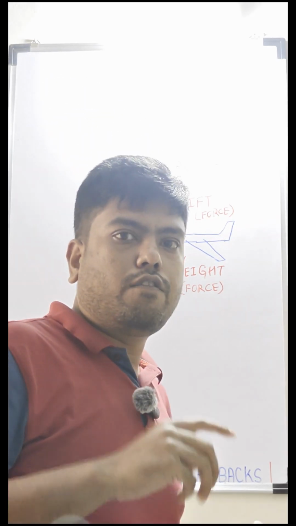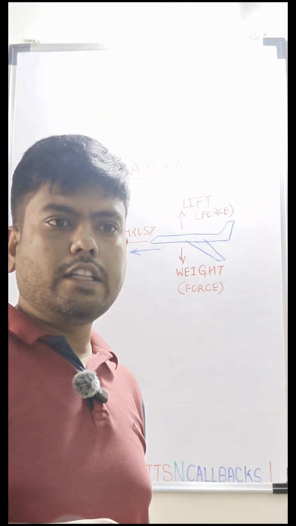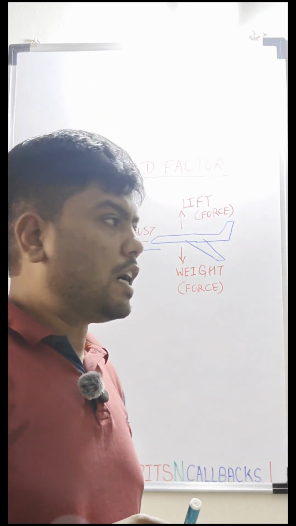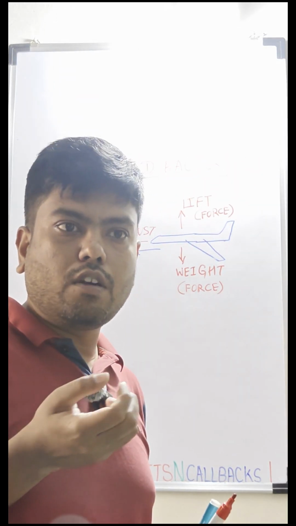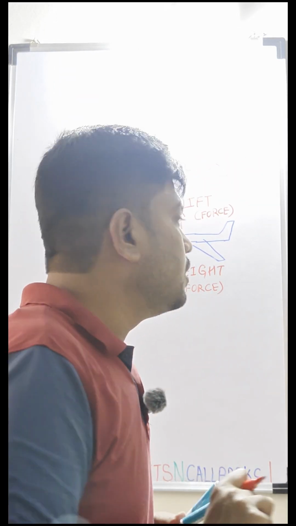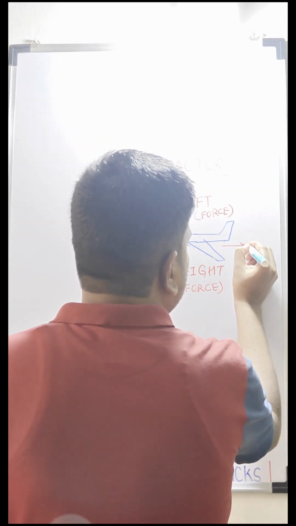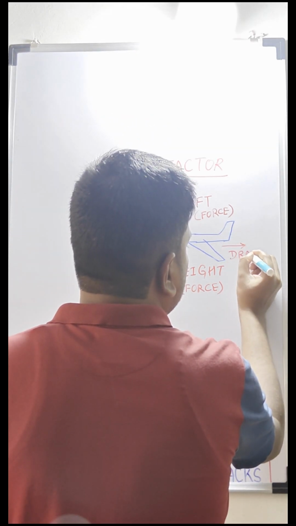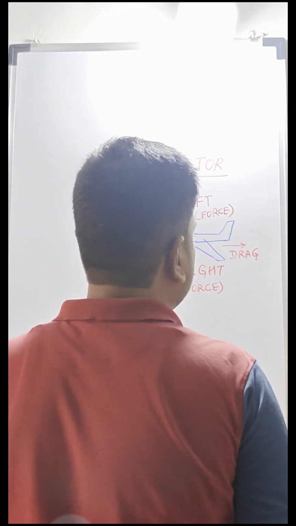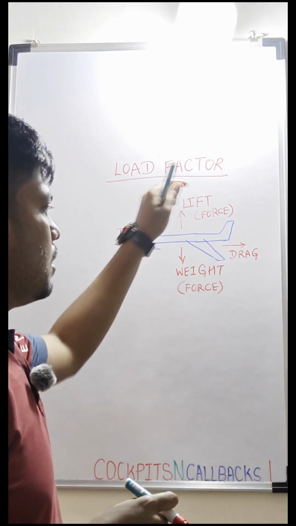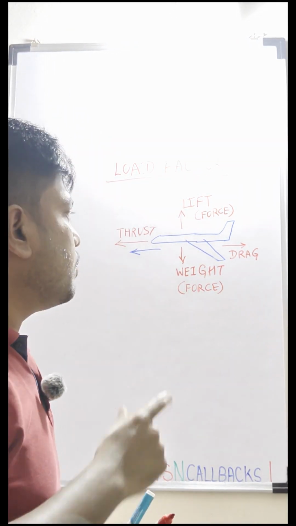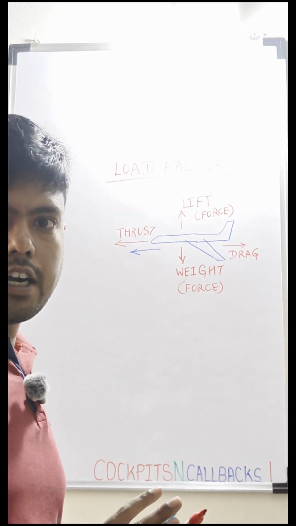While this aircraft is moving, there is another force acting opposite to this thrust, the retarding force that tries to pull the aircraft back. That force is drag. So these are the four major forces acting on the aircraft.